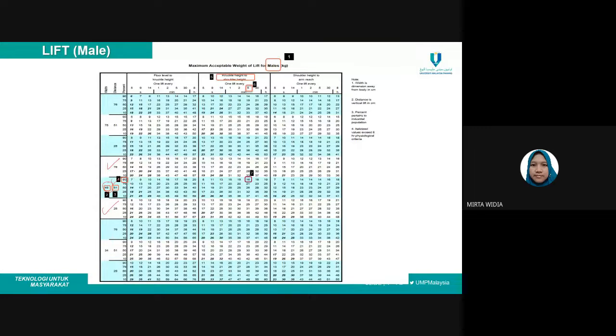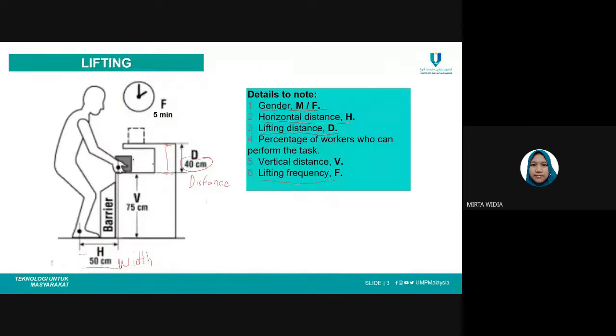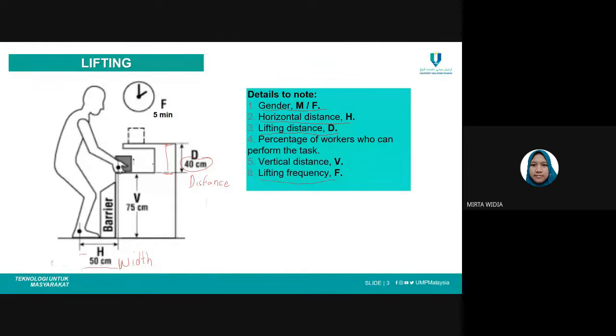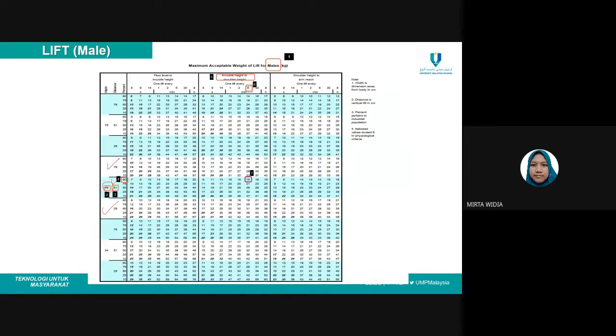Okay, and the fifth one, after we identify the percent, then we need to identify the lifting height. The lifting height here, as you can see, is from knuckle to shoulder height. Or maybe not shoulder, maybe from knuckle to elbow height. Which one is the nearest or the closest one?